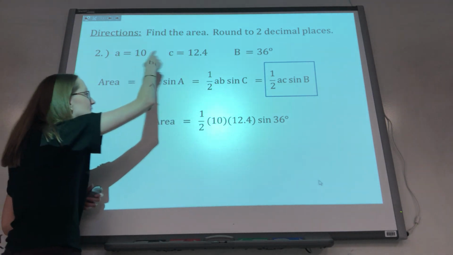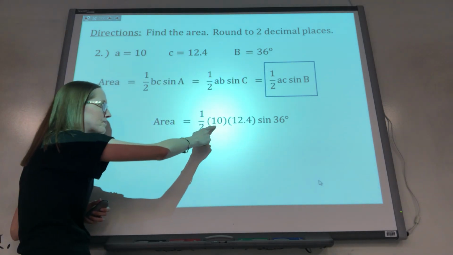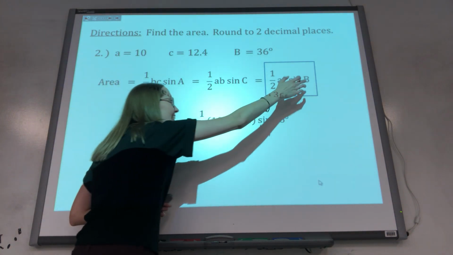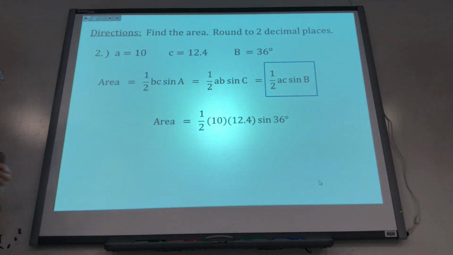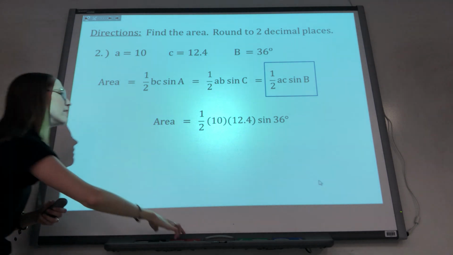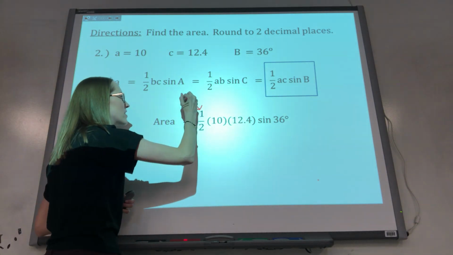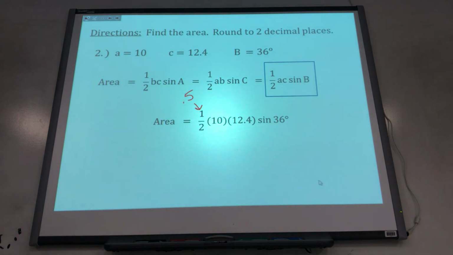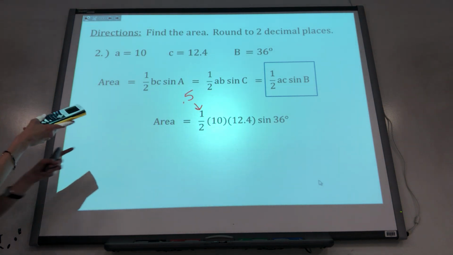I plugged in 10 for A, 12.4 for C, and 36 degrees for B. If it helps on your calculator, instead of doing 1/2 as a fraction, just type in 0.5. It's a little bit easier to do.